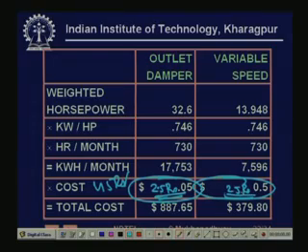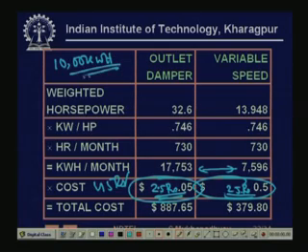So, approximately speaking, if you take 2.5 rupees, then you have roughly 10,000 kilowatt hour per month saving at 2.5 rupees per kilowatt hour, that comes to be a 25,000 rupees saving per month on a single fan.